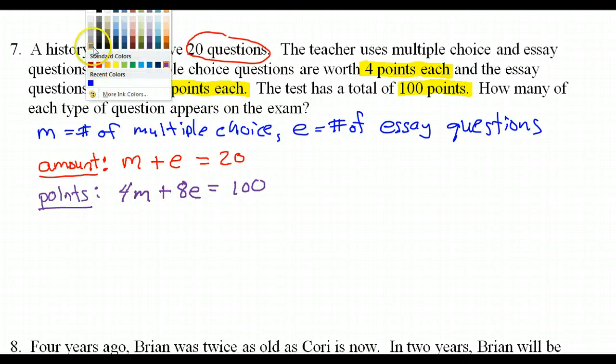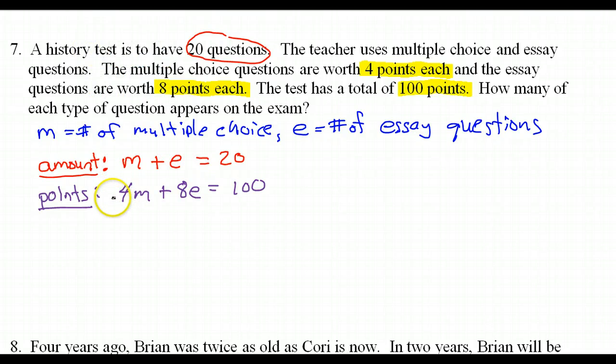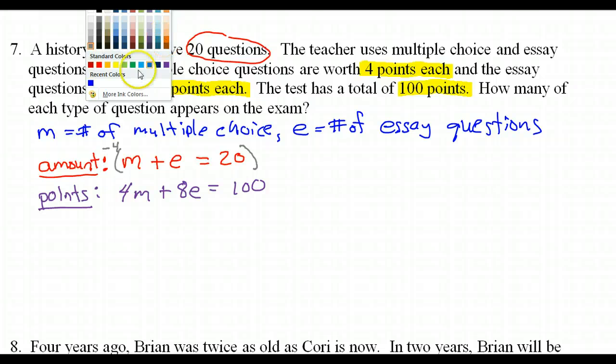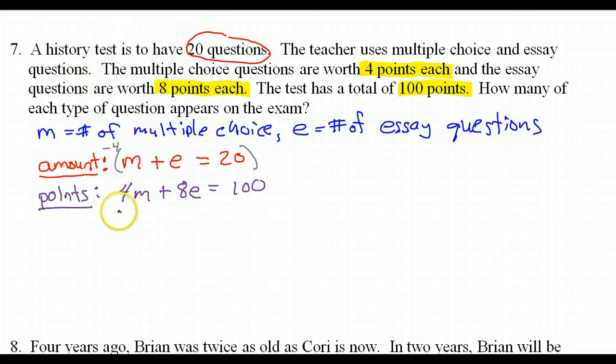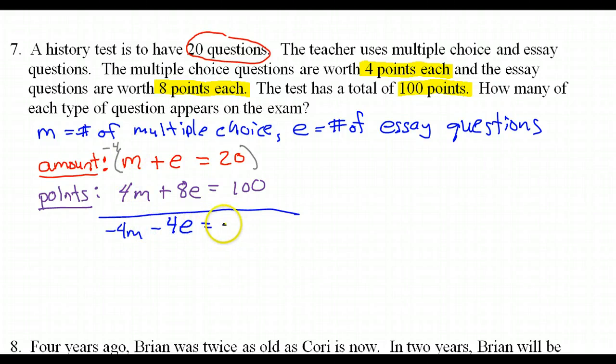If I were to do elimination, let's say we went for the m's. I might multiply this by -4, for example. So then what I would get would be -4m, minus 4e is equal to -80.